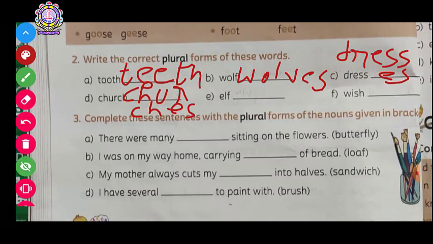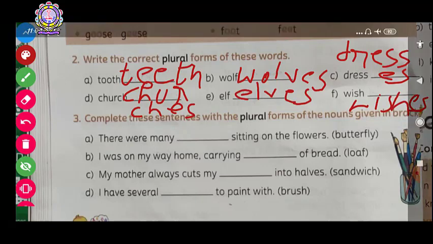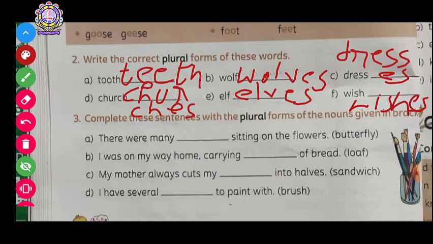Now next one, elf, elves. Wish, wishes, W-I-S-H-E-S. Alright, wishes.